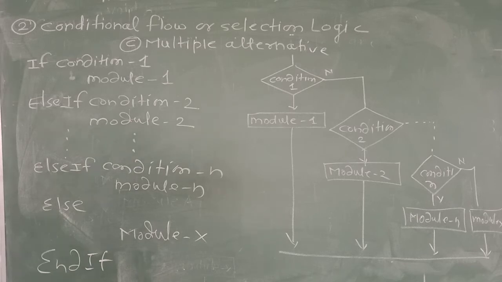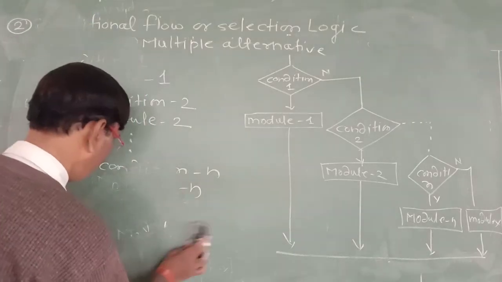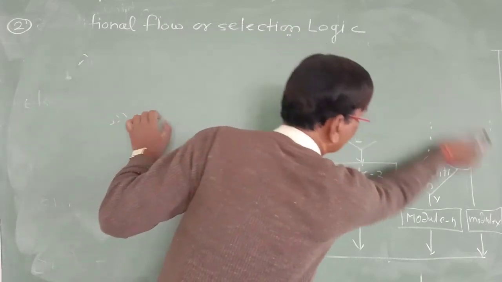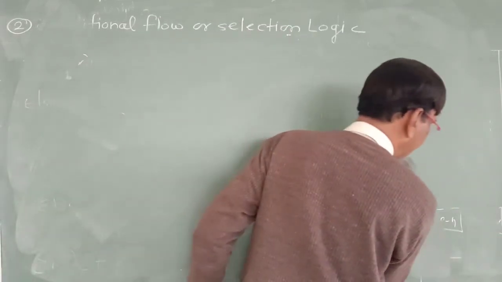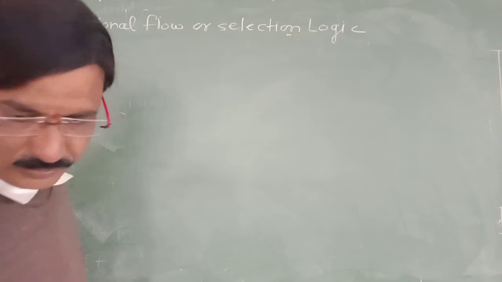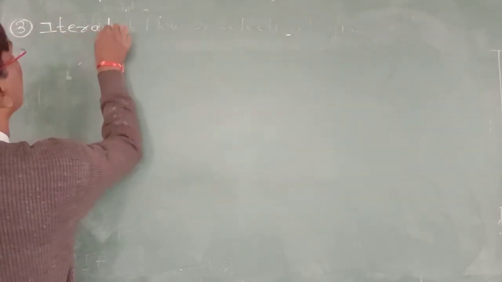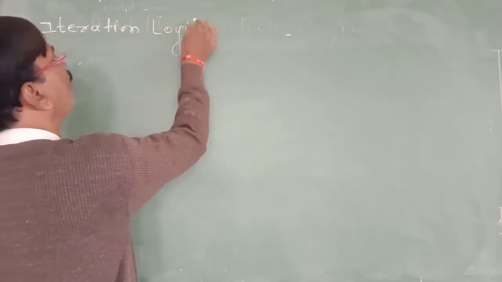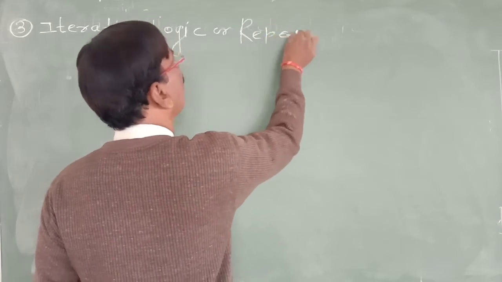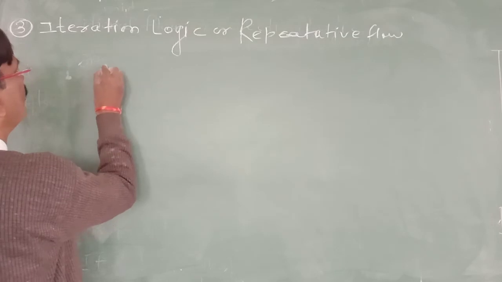Now the last is repetitive flow, iteration logic. How?